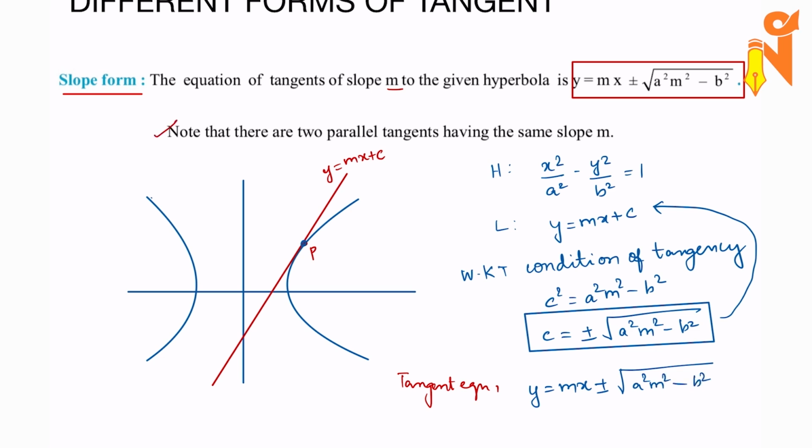Next, second point, note there are two parallel tangents having the slope m. So if this is a tangent with slope m, similarly you can draw one more tangent having the same slope. So that is what the second point says here.